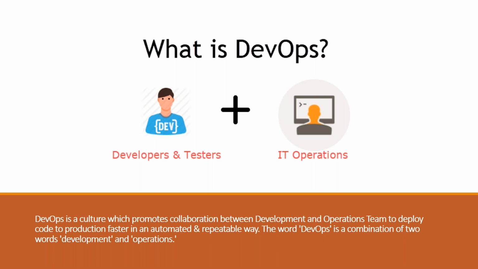If everything works fine, then they do some kind of testing. It can be unit testing or functional testing. There are different types of testing. If something went wrong, they revert back to the developer saying this is the issue we got. Now the developer has to fix that issue and again hand it over to the same team.